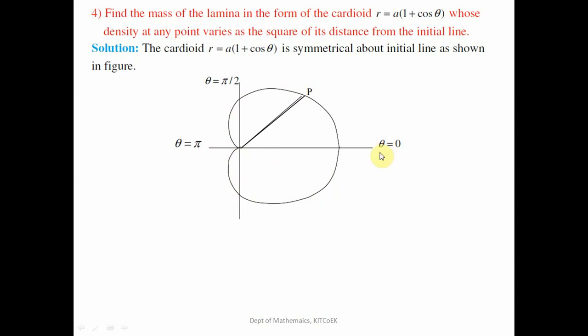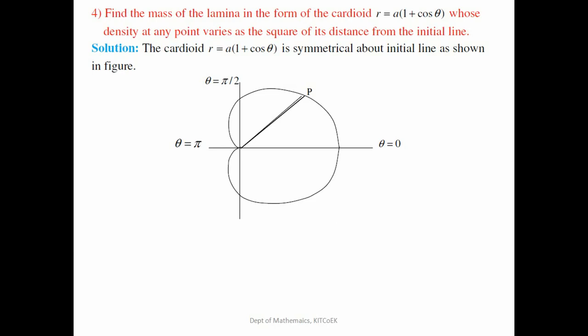So due to symmetry about initial line, without calculating the mass of whole lamina or whole cardioid, we will only find the mass of its upper half above the initial line and then multiply it by 2 to get the total mass of this lamina.